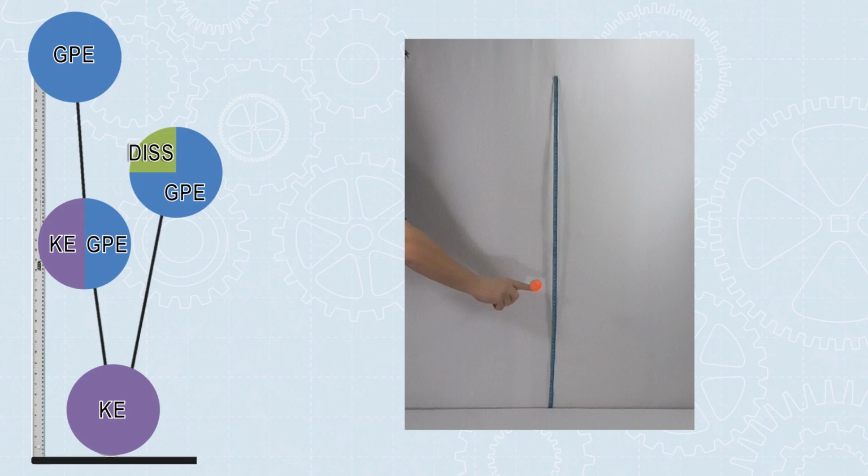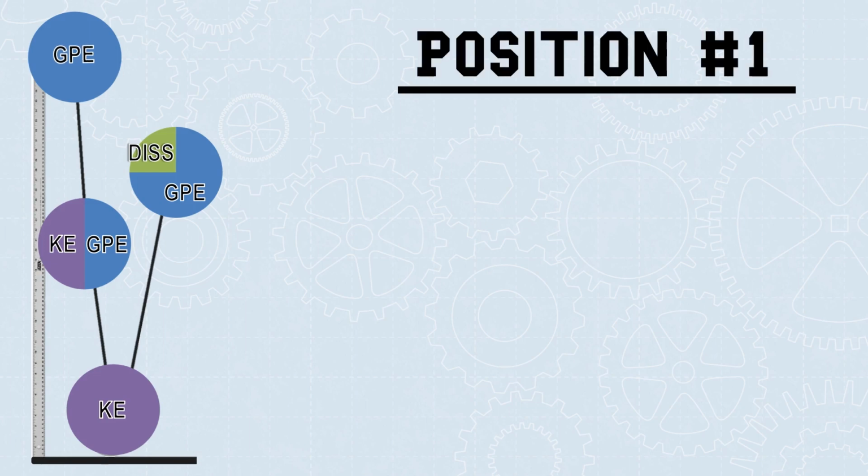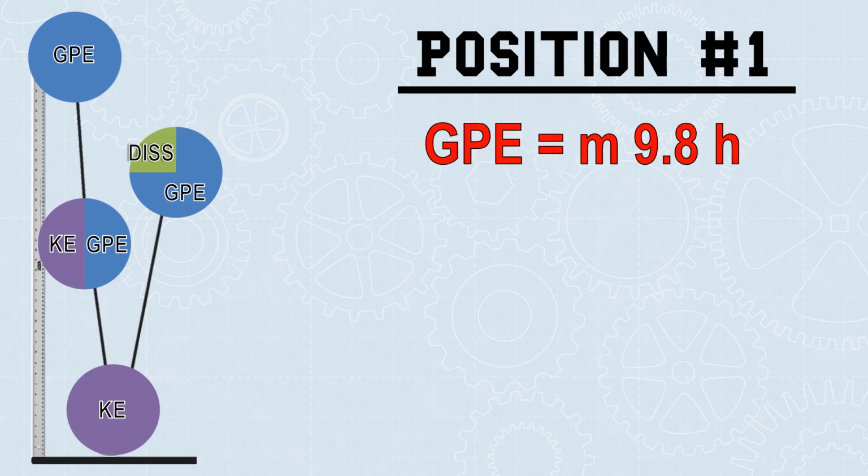Now that we've looked at this qualitatively and understand what forms of energy exist at each point, we can start looking at it quantitatively and add our numbers in. Once we understand the forms, we can apply the formulas at each position. Position 1 is all gravitational potential energy, so we can use the gravitational potential energy formula.